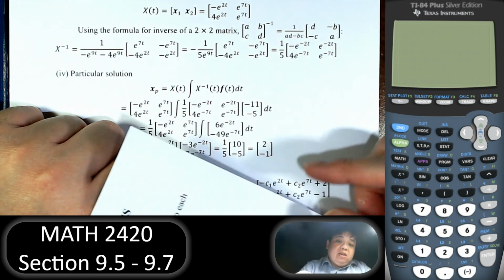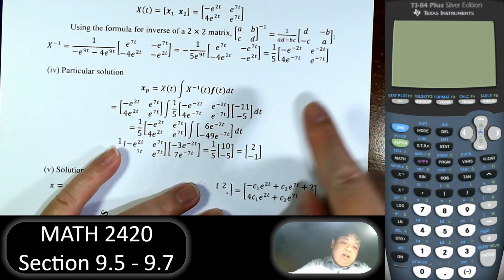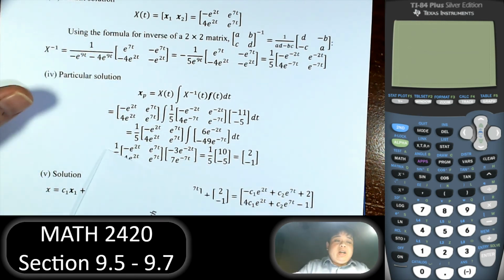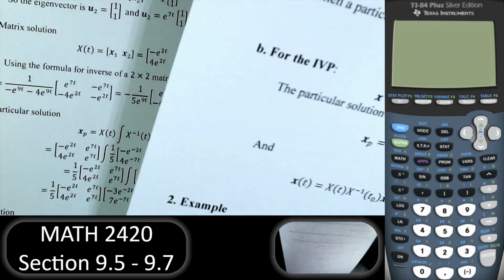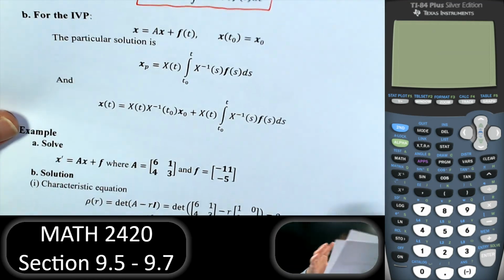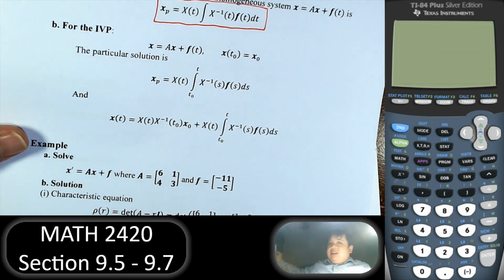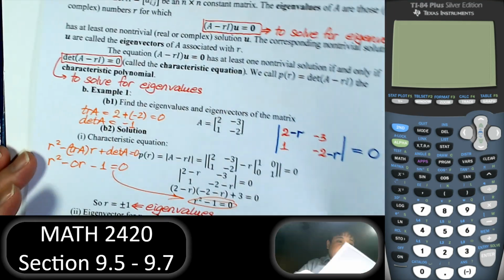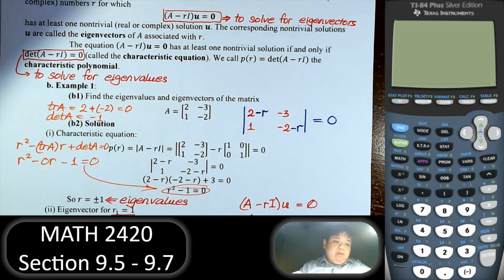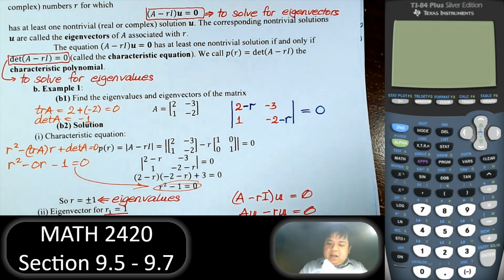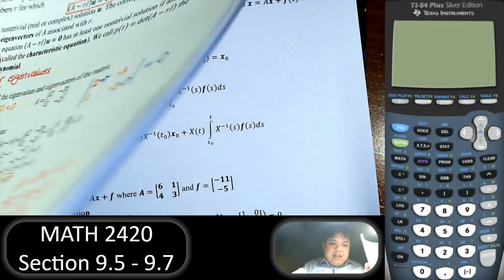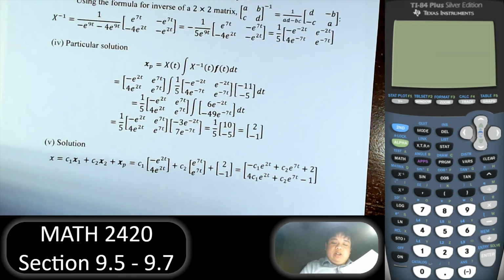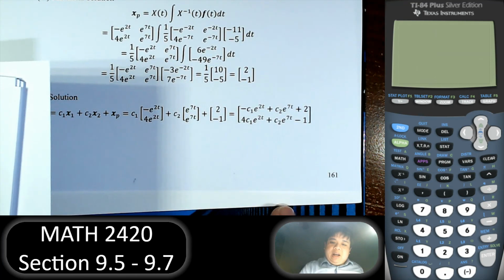So finding the inverse is the problem, and then multiplying by that. But it will just work in the matrix form. I'm just going to put that section 9.7 like that, just to complete what we're supposed to cover for differential equations. That's the end of what I want to cover for differential equations. That's 161 pages in total.